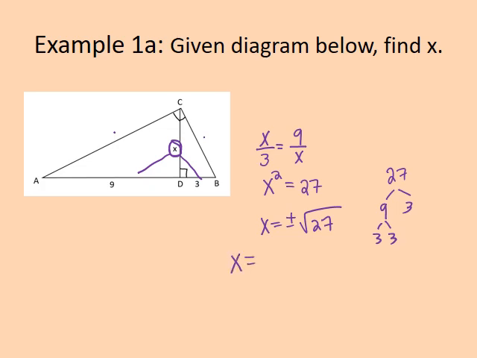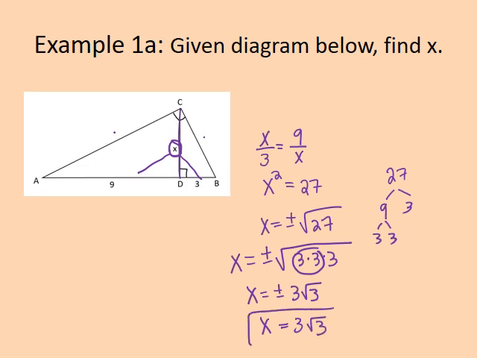So we have X equals plus or minus the square root of 3 times 3 times 3. A 3 is going to break out. So we have X equals plus or minus 3 root 3. Now, since X is the length of a side and lengths are always positive, our final answer is X equals 3 square root 3.